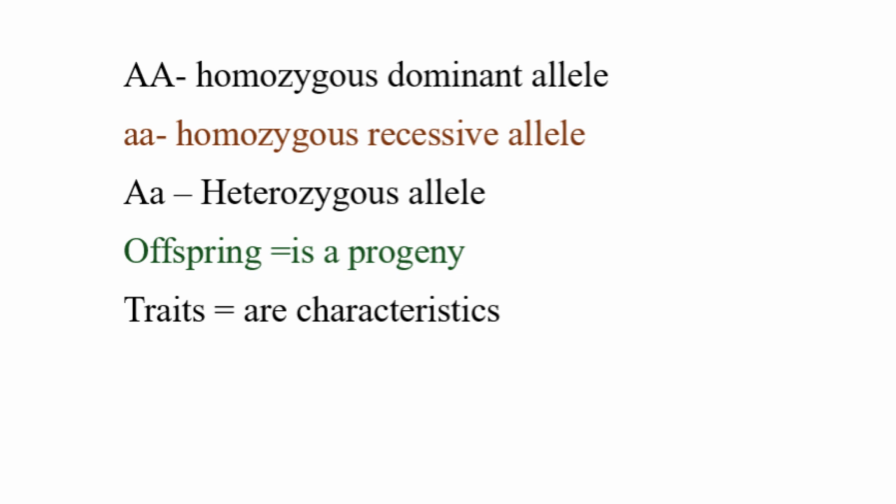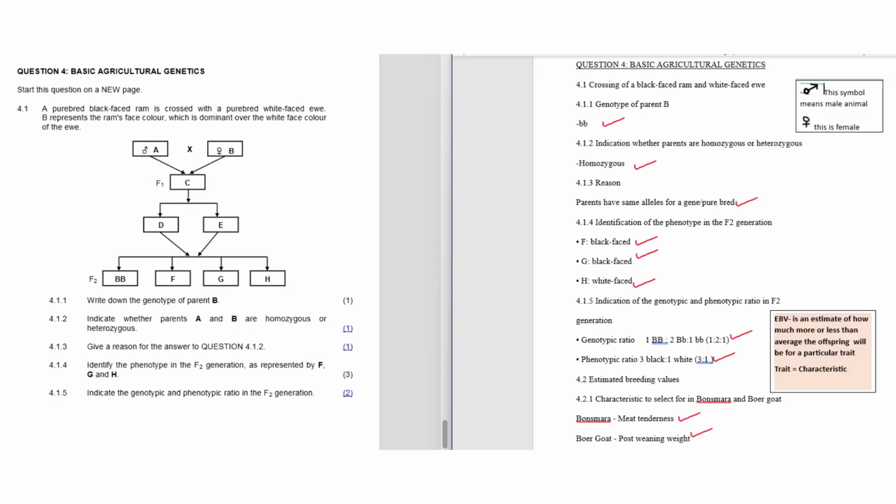A purebred is from two homozygous alleles. So each parent has his or her own two identical alleles because they are purebreds.